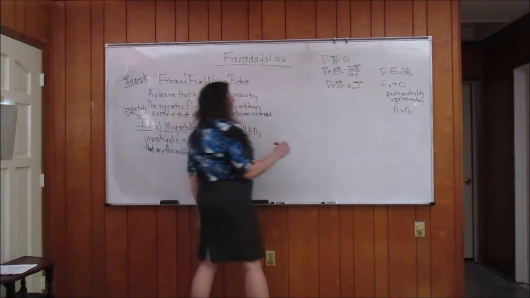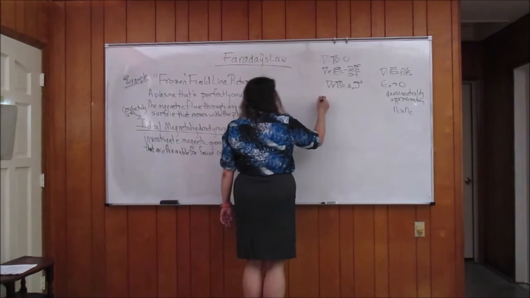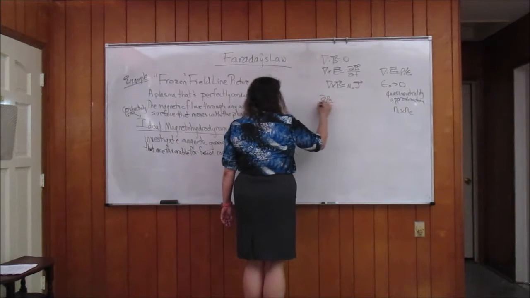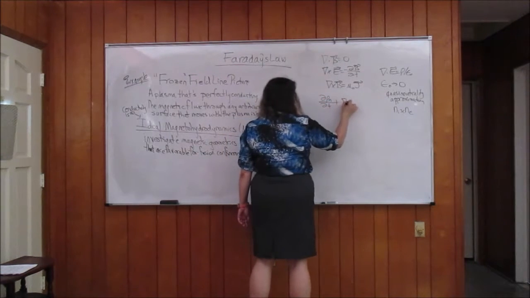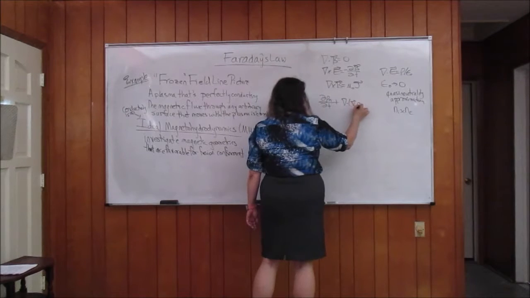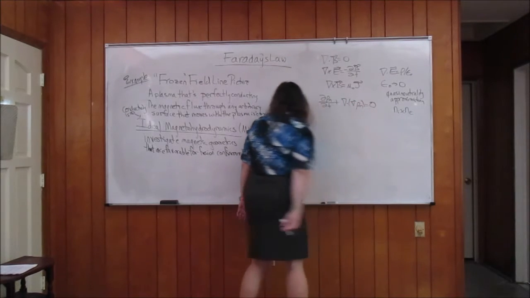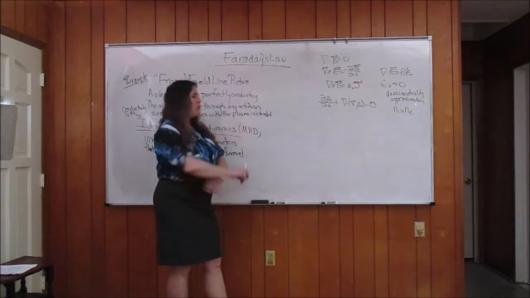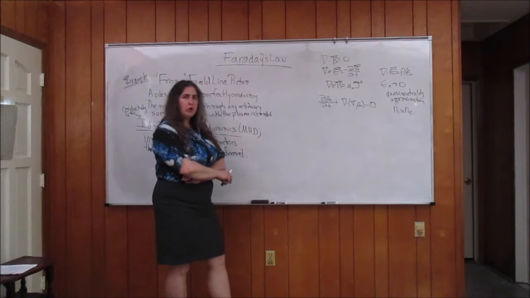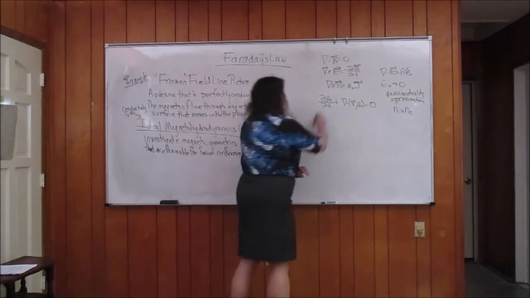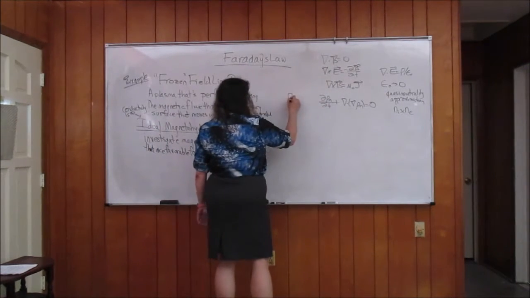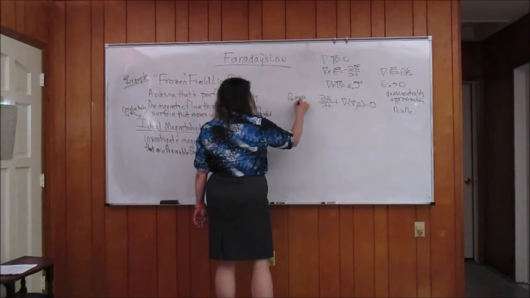Okay, so what else do we have? Well, we have an expression of the total number of plasma particles is conserved, and rho m here refers to mass density.